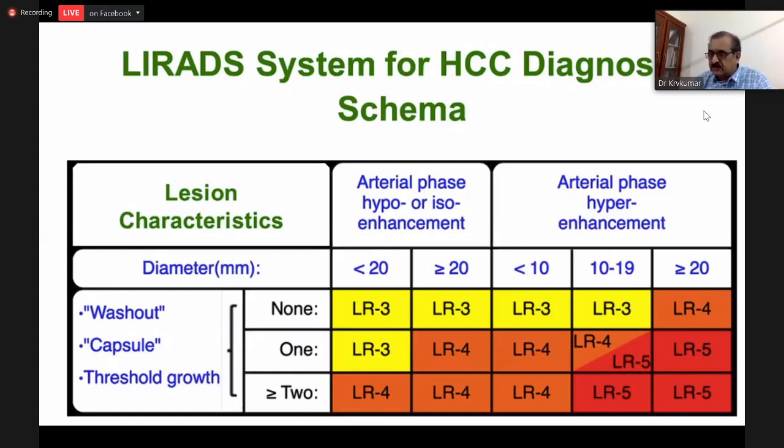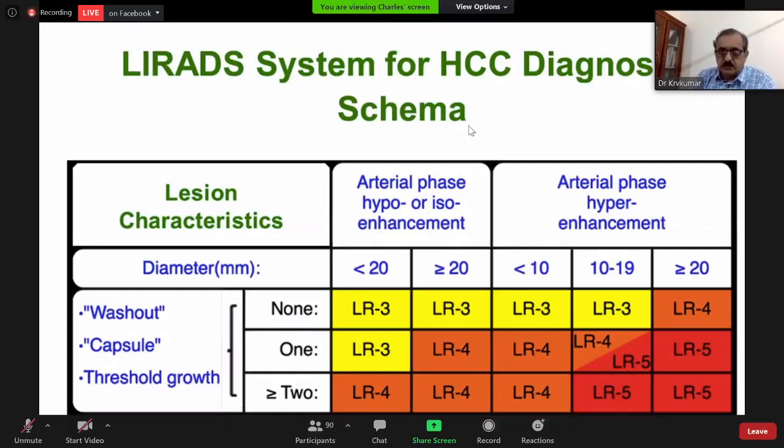That is LIRADS. So this is a typical reporting pattern. When we refer patients for imaging, they will come with the diagnosis of, say, a focal lesion in the background of cirrhotic liver, with all the description, and say LIRADS 5. That is typical. LIRADS 1 is definitely benign. That is how it is interpreted.